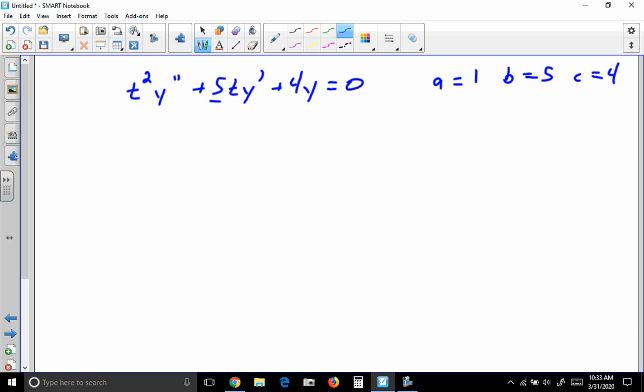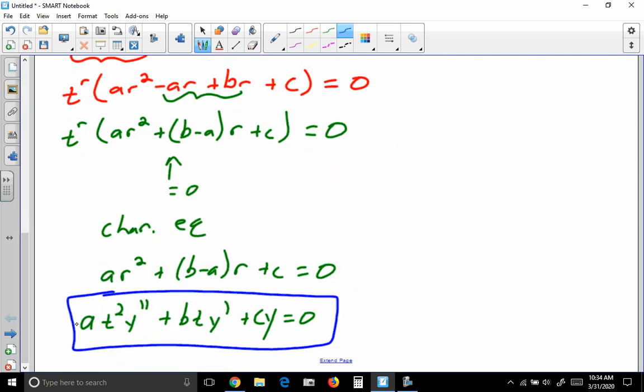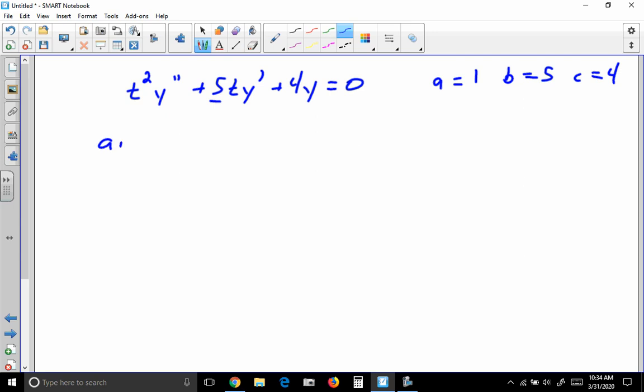So if we set up our characteristic equation, let's just copy that over: a r squared plus b minus a r plus c equals 0.